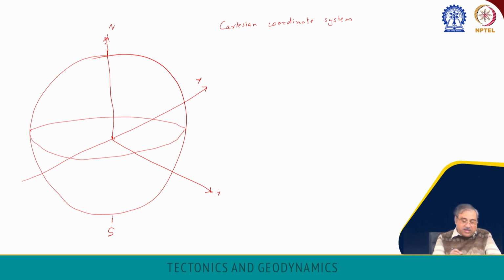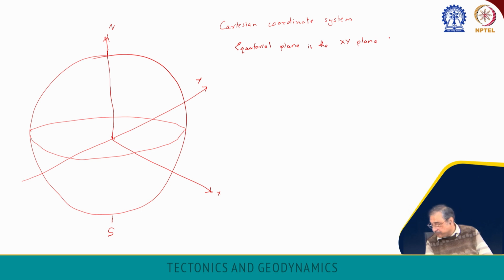So now in this configuration, what I've done is the equatorial plane is the xy plane. The first thing to keep in mind, the equatorial plane is the xy plane.